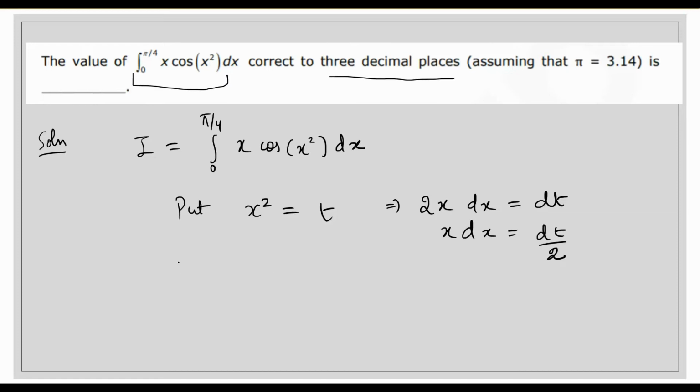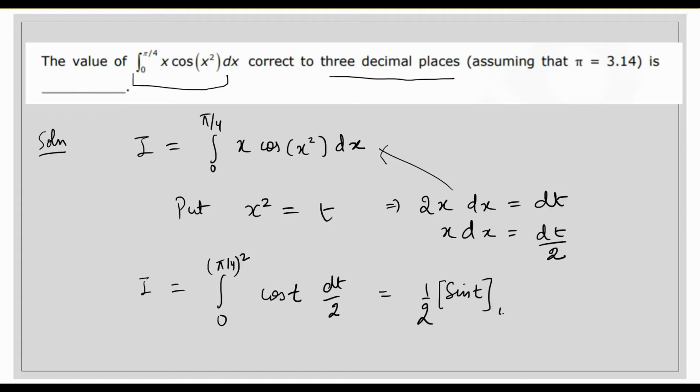Now if I put this value in my integral, it will change into 0 to pi by 4 square, as I am changing the x variable into the t variable, and x dx will become dt by 2, and this will become cos of t. Now if I integrate this, I will get sine of t, and I have to put the limits. This 1 by 2 will be over here.